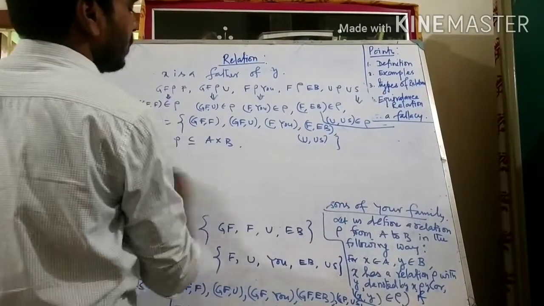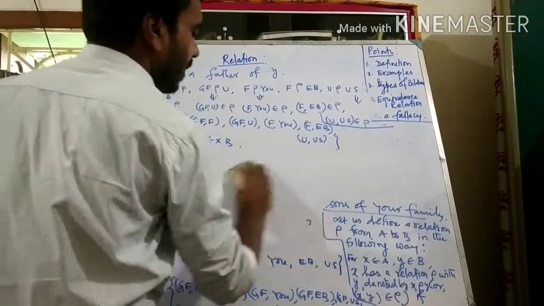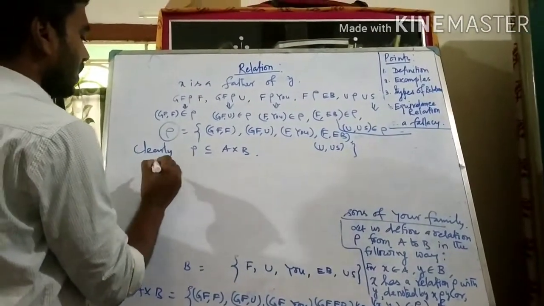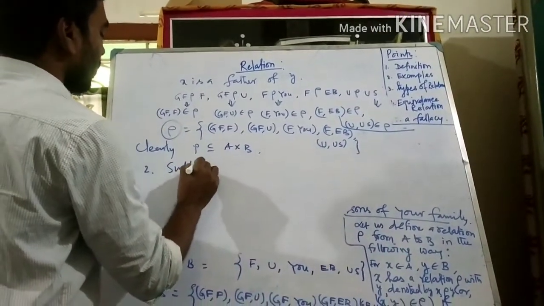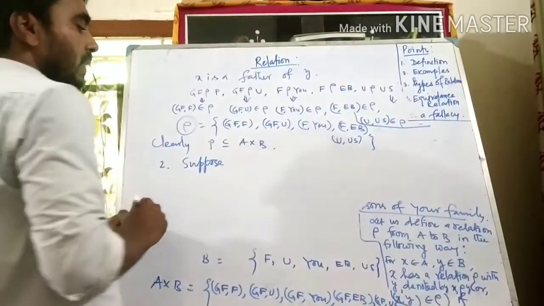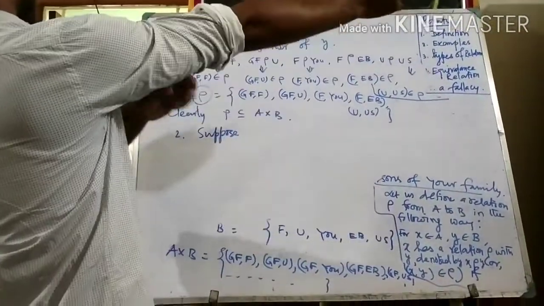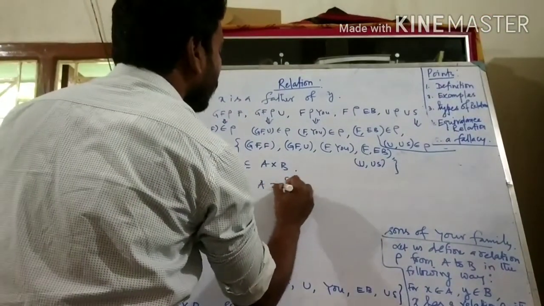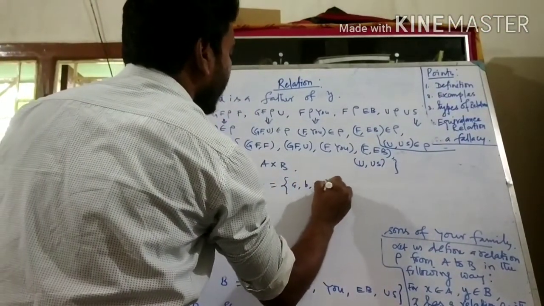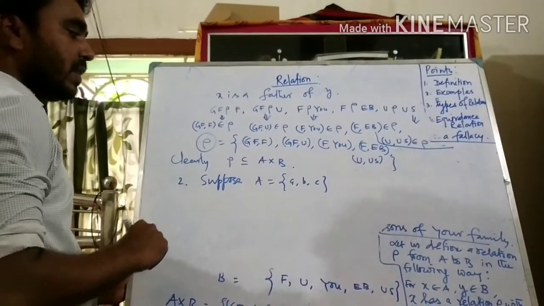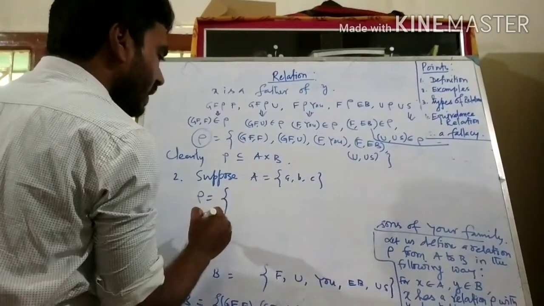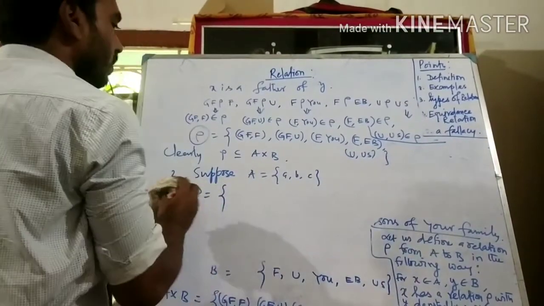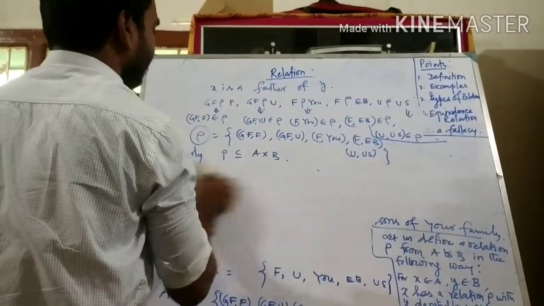Next, let me give some other definition. Suppose A is equal to {a, b, c}, there are 3 elements. Before that, let me tell you one thing.